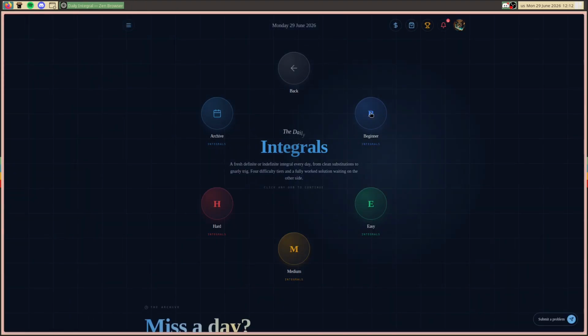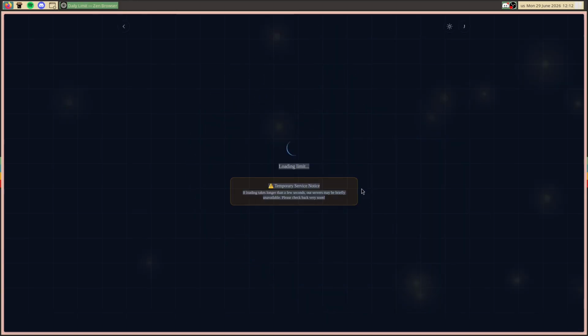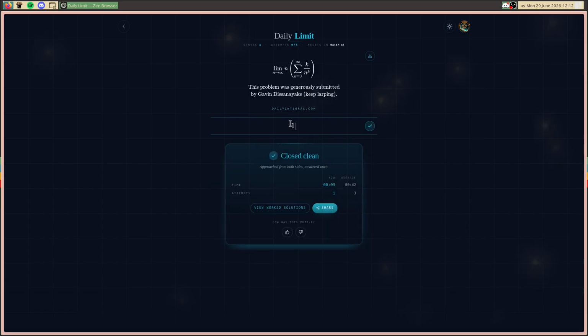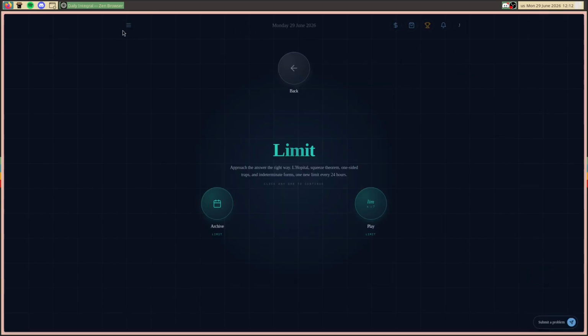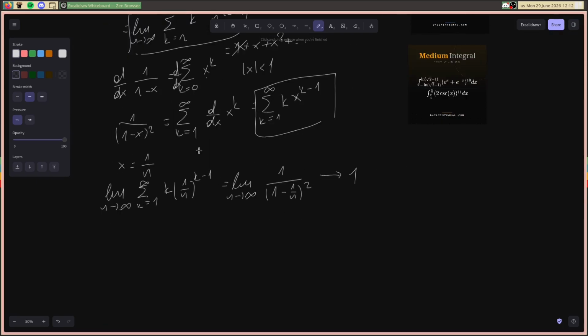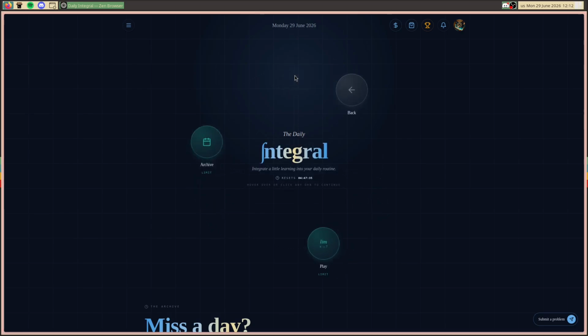And if we check it out, let's try 1, and 1 is correct. So just use the geometric series to get to this point, and after that it's very easy.